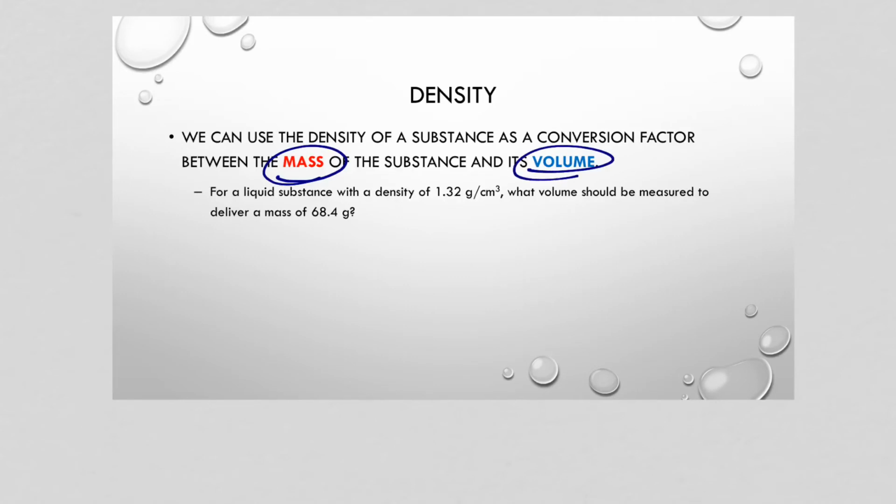So let's say we have a liquid here, and it has a known density of 1.32 grams per cubic centimeter. And I want to know what volume should be measured to give me a mass of 68.4 grams. So we start to do some problem solving here. So if we think about what we're given, well, we're given the mass, and we're asked to find the volume.